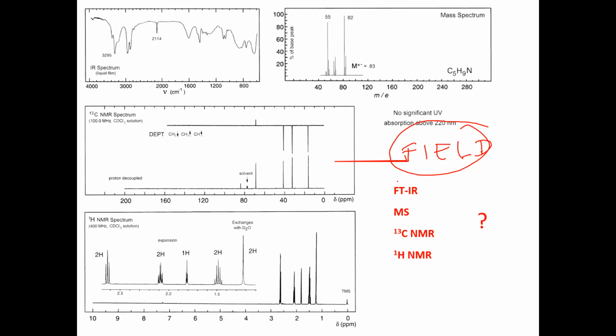What can the triple bond be? A triple bond could be a nitrile. If it's a nitrile, it's C triple bond N, but then you'll miss the nitrogen connected with 2H, which is most likely coming from here. So maybe it's an alkyne, a triple bond of carbon-carbon.